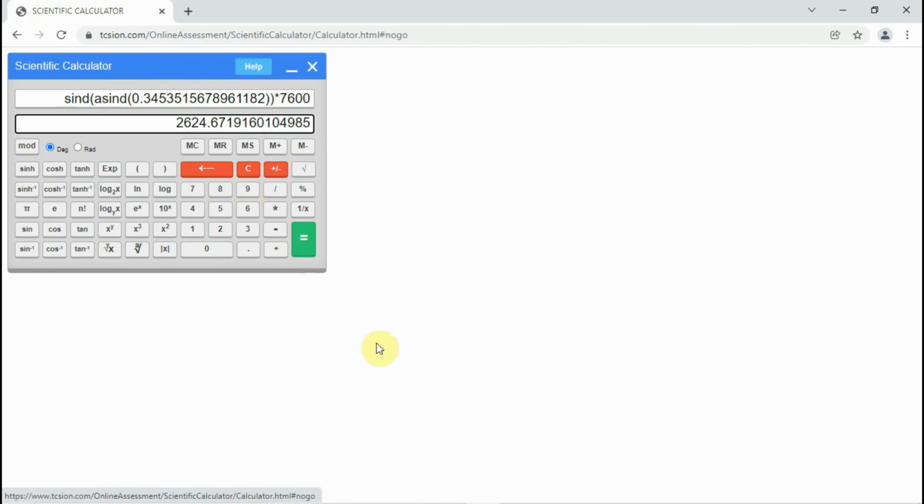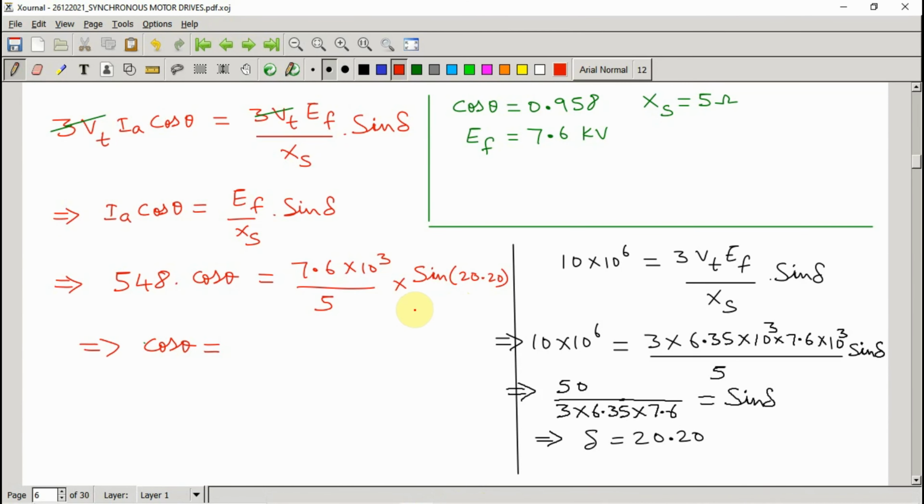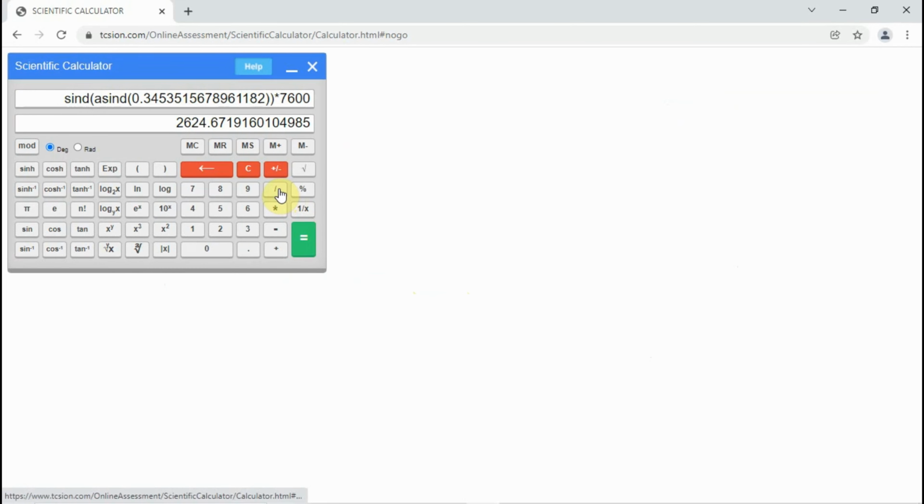So we have computed the numerator part. Then we have to divide this by the denominator, that is 5 into 548. So we should get back the value of cos theta.